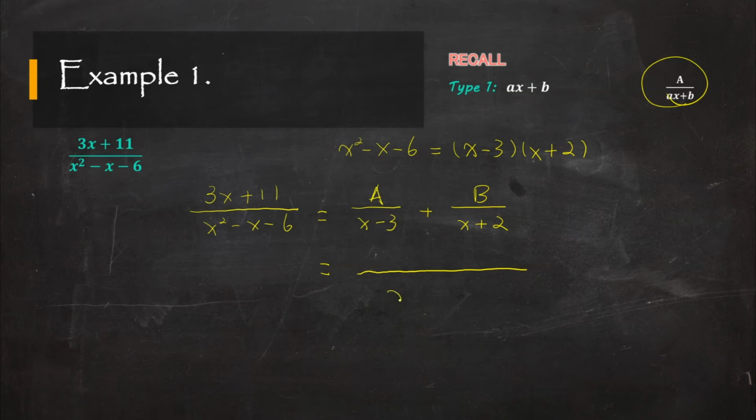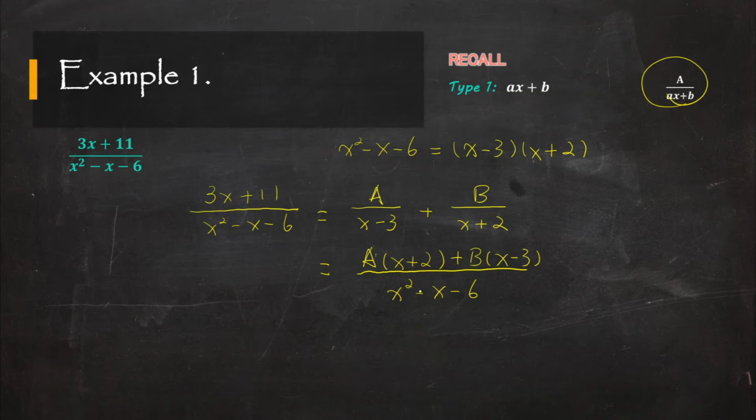So here I will keep the same because it is the original one. And on the top here I would have, like, the cross multiply here. So a times (x plus 2), and here the same thing is b times (x minus 3). Okay, so now I can set the numerator equal to the numerator.